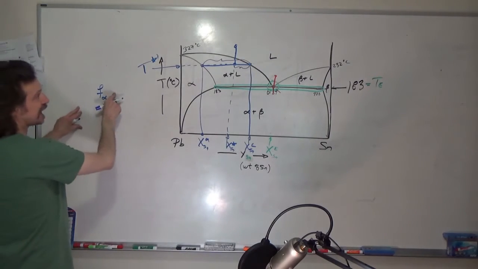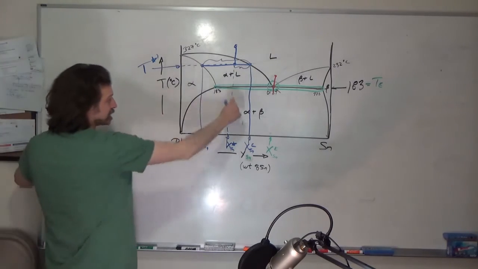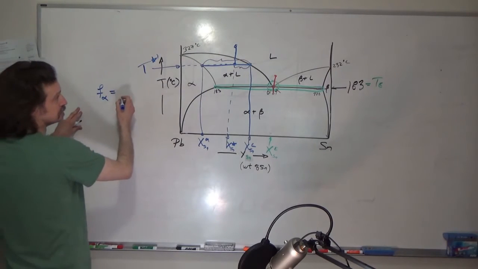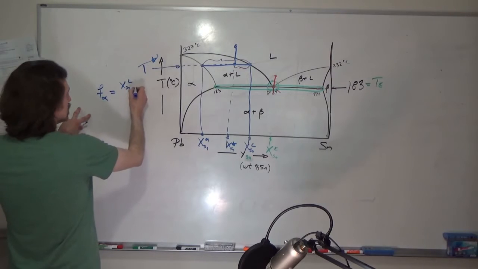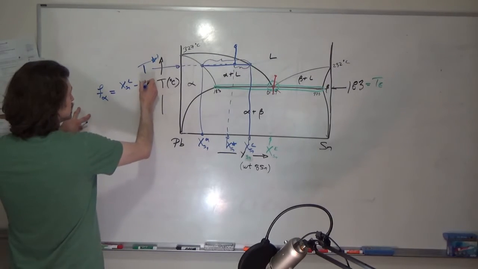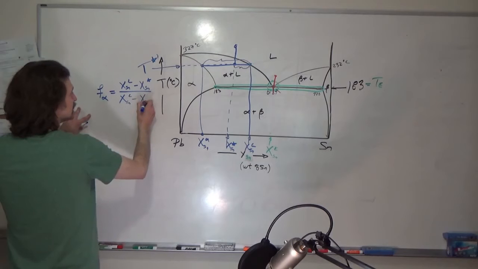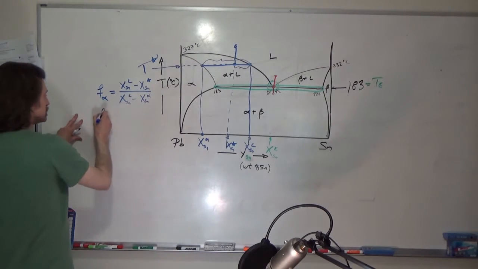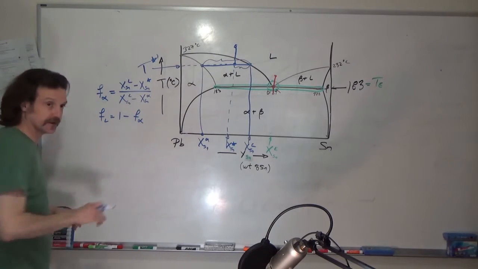So the phase fraction of alpha in our system at temperature T star 1 and composition XSN star is equal to XSNL minus XSN star divided by XSNL minus XSN alpha. And the fraction of liquid is 1 minus the fraction of alpha.